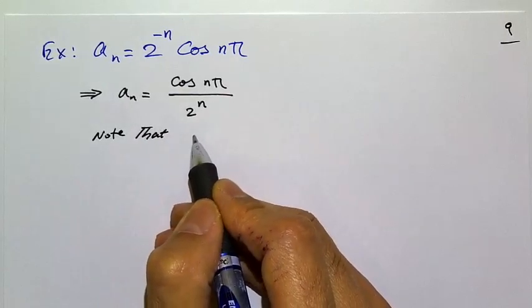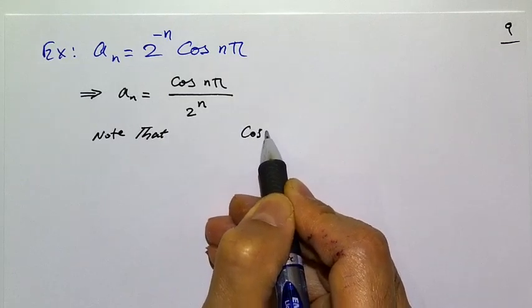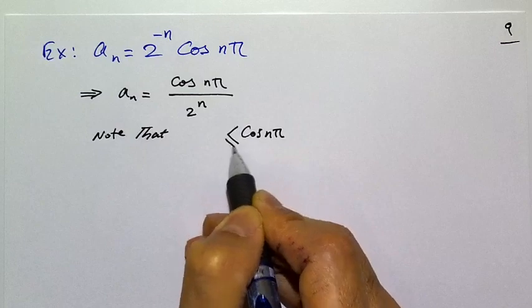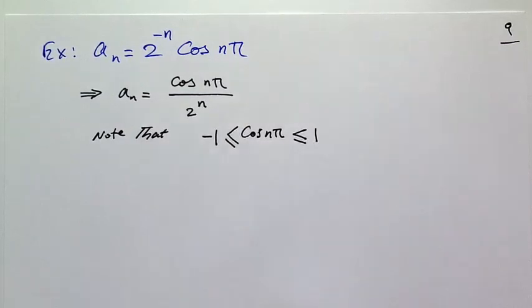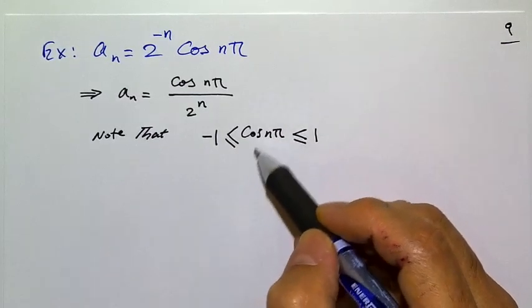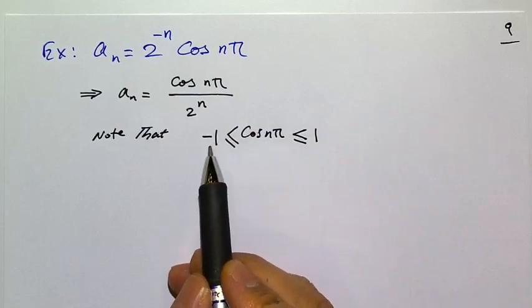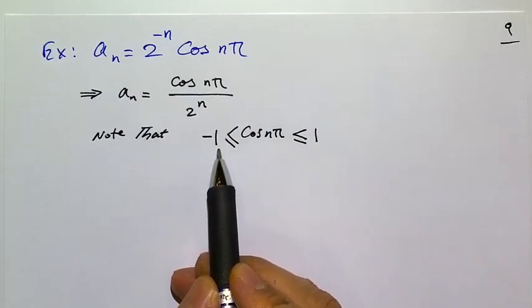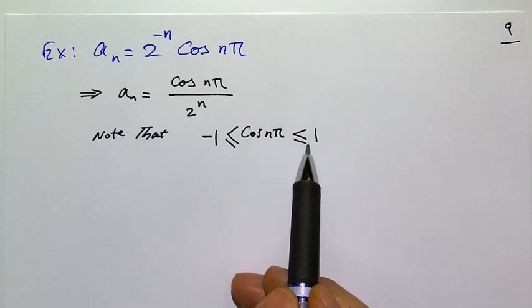So note that cosine of n pi, it's going to vary between negative 1 and 1. Okay. So then if we take the absolute value of this, we can write that cosine of n pi varies between 0 and 1.